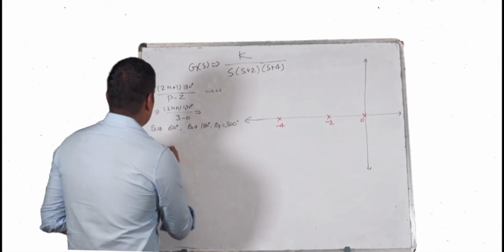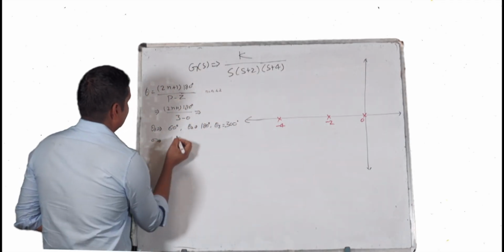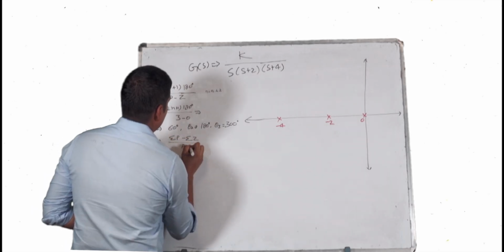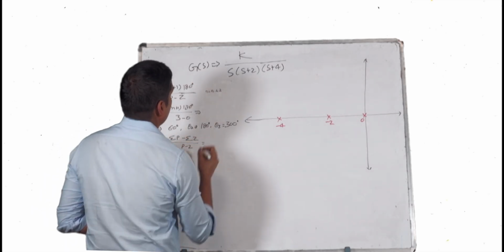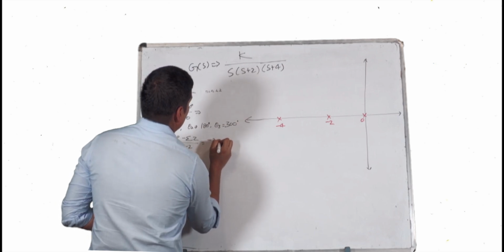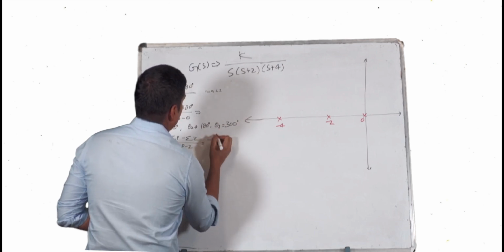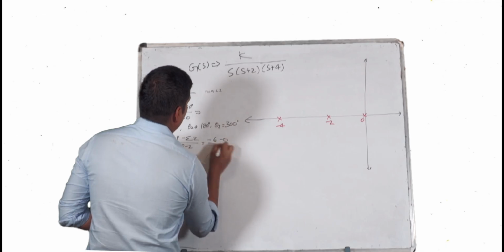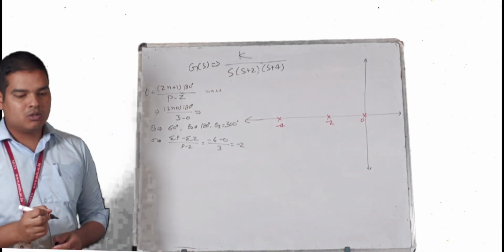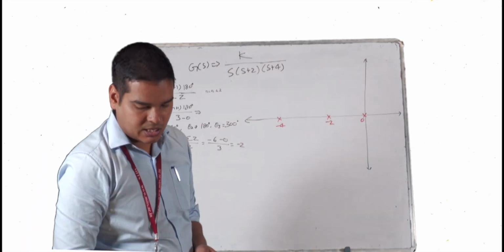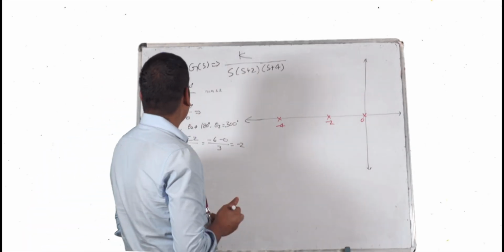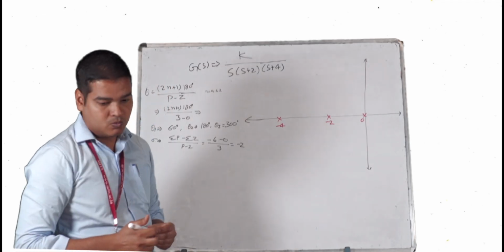So now the centroid will be summation of poles minus summation of zeros divided by p minus z. Summation of poles are going to be minus 2 minus 4, so I can write directly minus 6 minus 0 divided by 3. So it will be at minus 2.